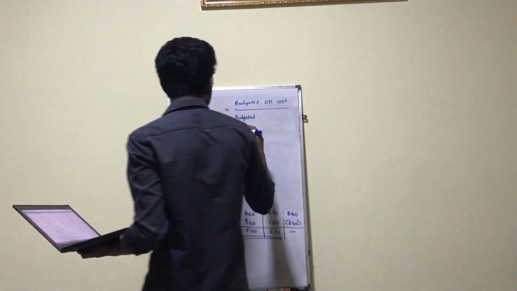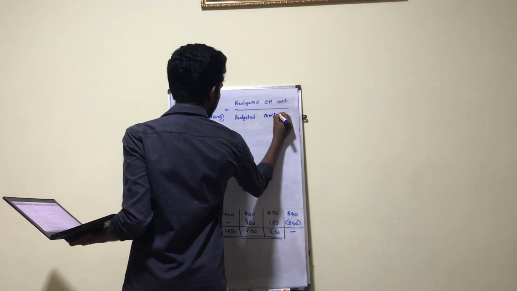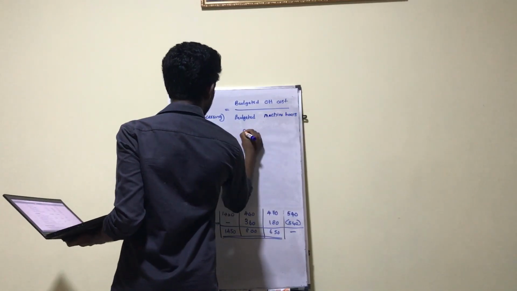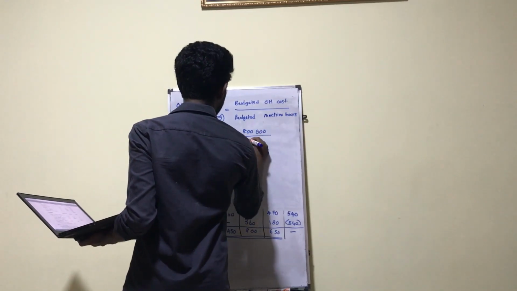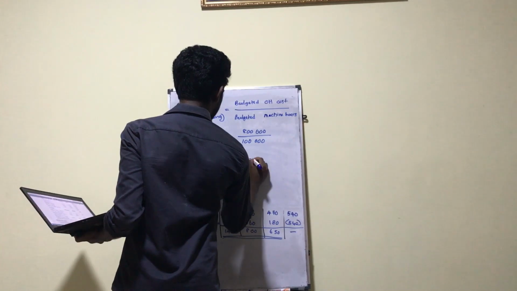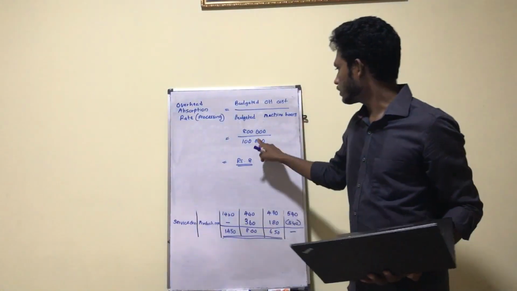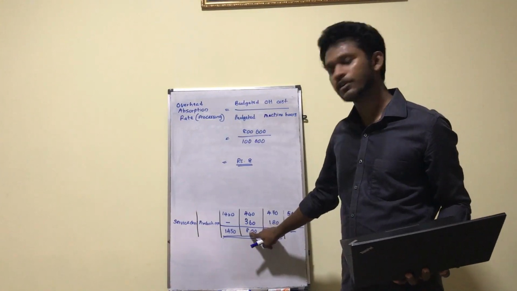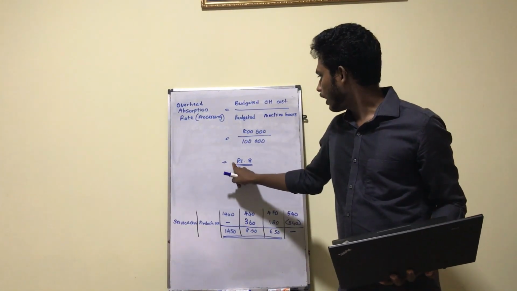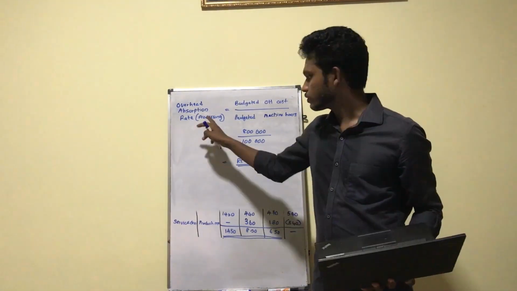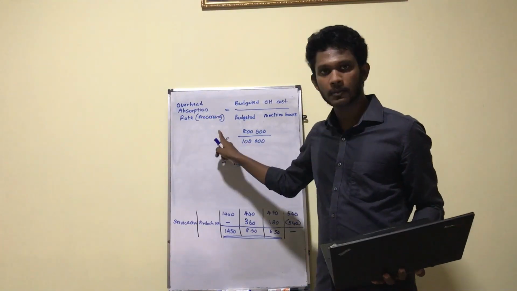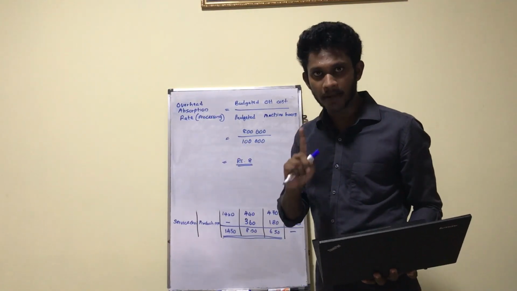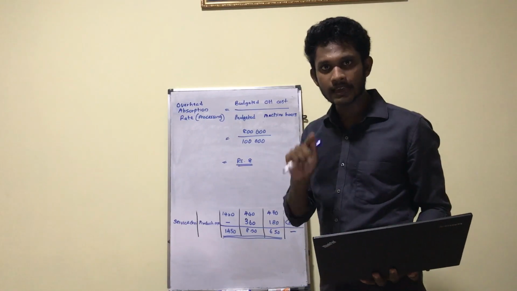So the total budgeted overhead cost is 800,000 divided by 100,000 machine hours. So the answer is 8 rupees. So that means in the processing department, per 1 machine hour, the cost is 8 rupees.